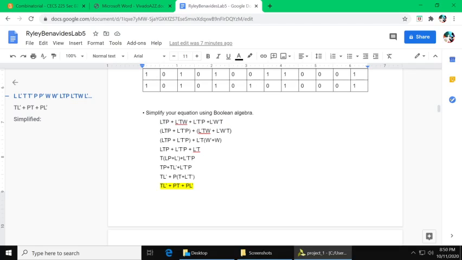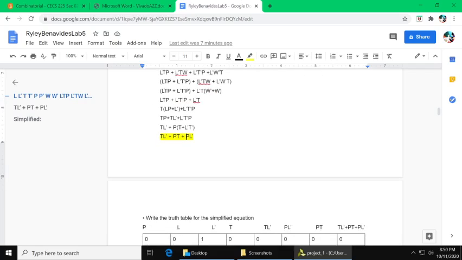This one's distributive, and then you have identity, and same thing on the left side, all the way till you get to the bottom. And this is the simplest form that I could come up with right here.